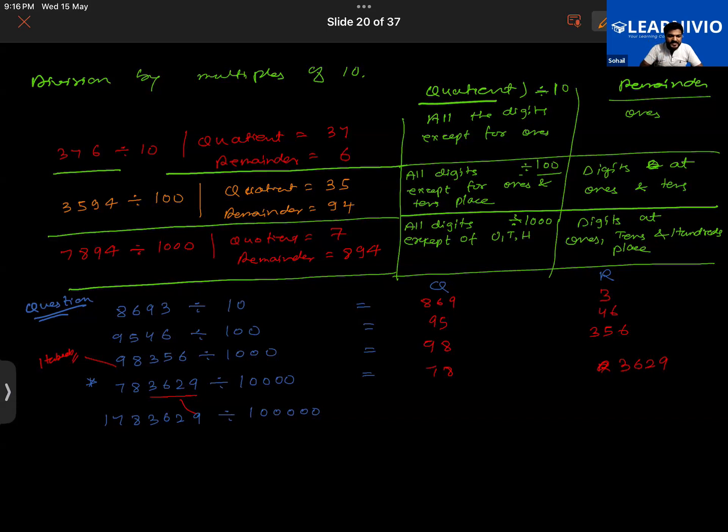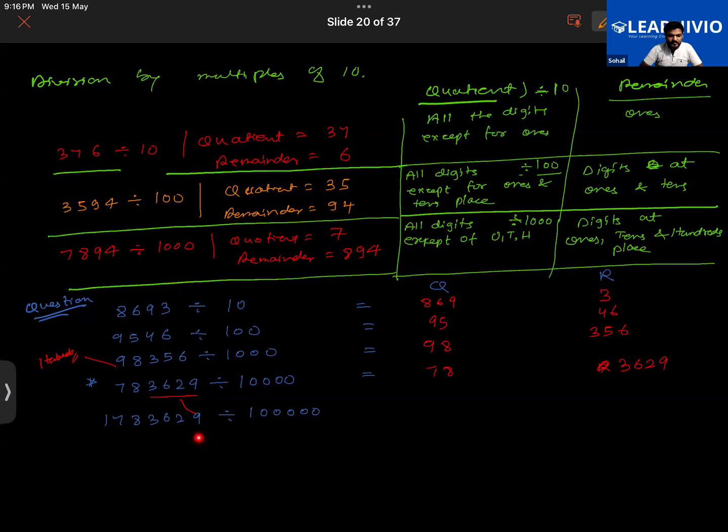See, in every step what we have been doing here, we have been increasing the digits. Can I tell? Yes, Habib. 178 is quotient and 3,629. That isn't correct.